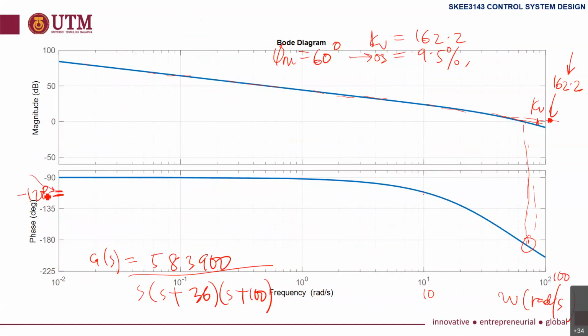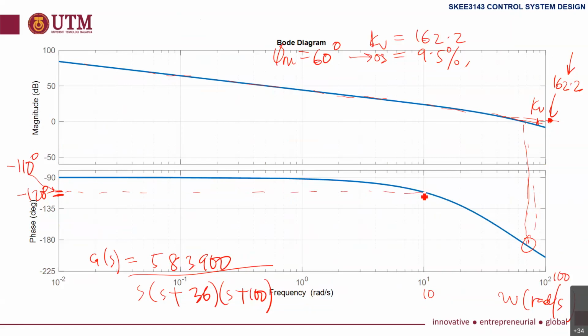Not so accurate here, maybe minus 110 here. So I make a line, maybe here. This is the one.